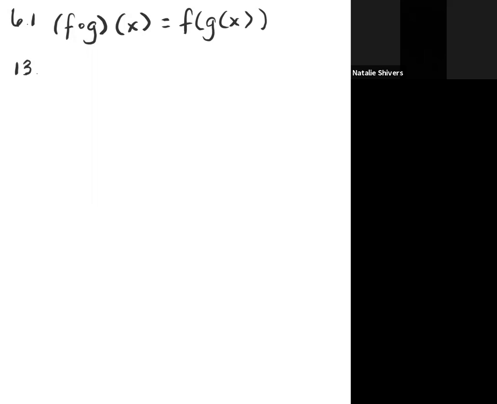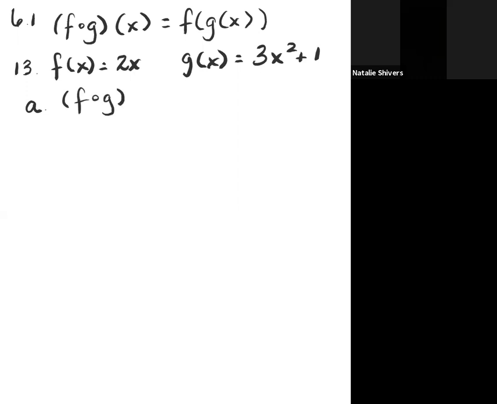So we're going to start with f of x equals 2x and g of x equals 3x squared plus 1. And on part A, we're going to do f of g of 4. Okay, so in reality, this means f of g of 4.